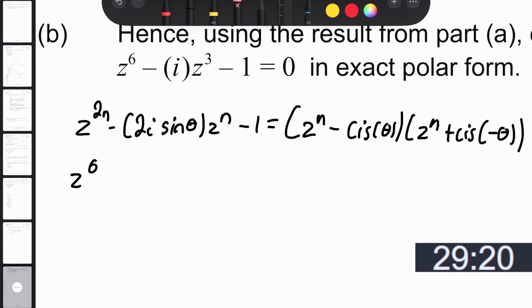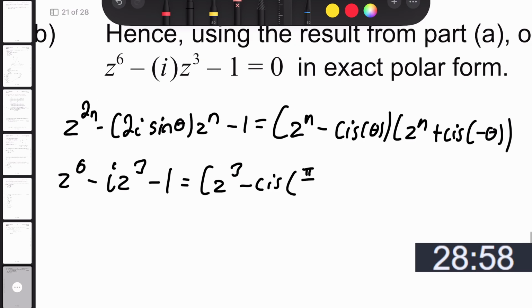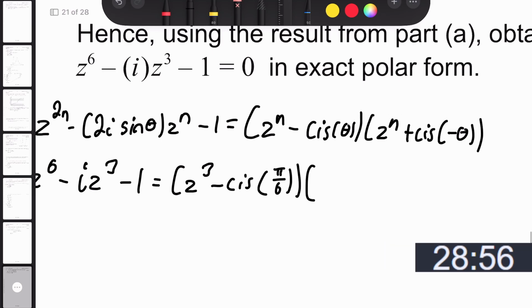And here it's Zn plus cis of negative theta. So then we have that Z6 minus I Z to the 3 minus 1 is going to equal Z to the 3 minus cis of... So if this is equal to 1, 2I sine of theta must be 1, sine of theta is a half, it must be pi on 6.